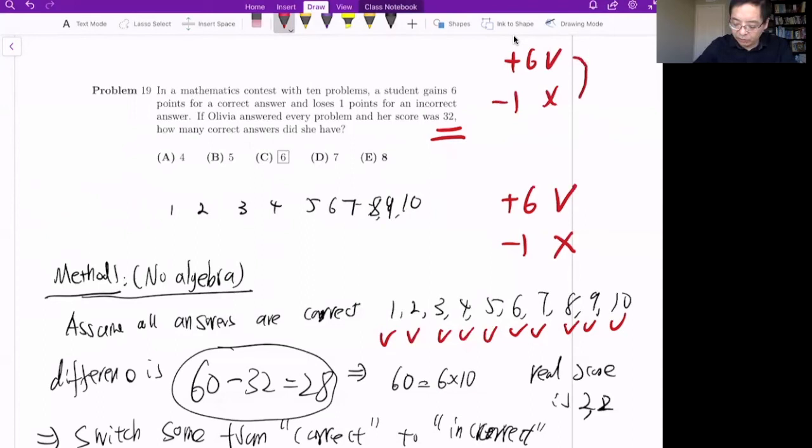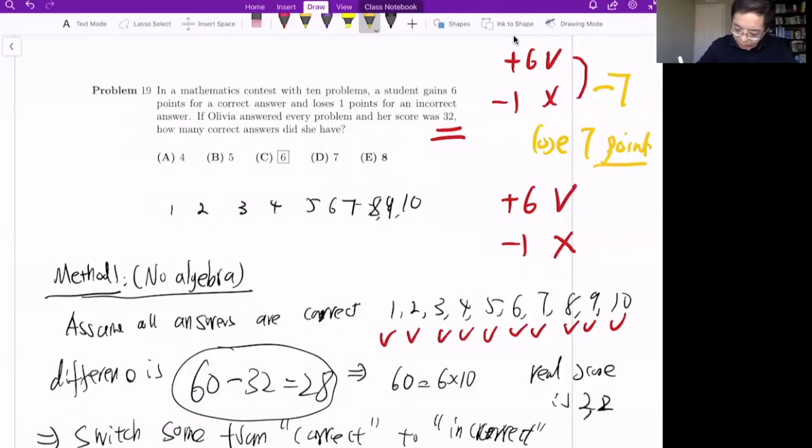If I switch from a correct answer to an incorrect answer, I lose 7 points. Because if you switch from 6 to 0, you lose 6 points, but you have to take off 1 more point, because it's -1. So you lose 7 points.